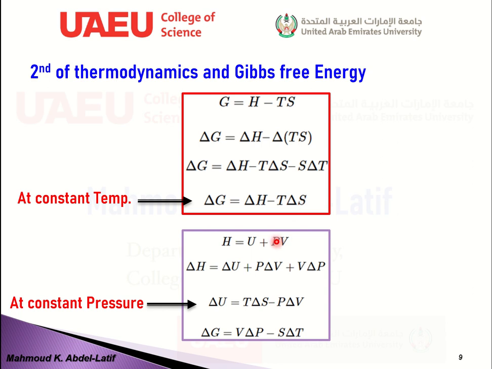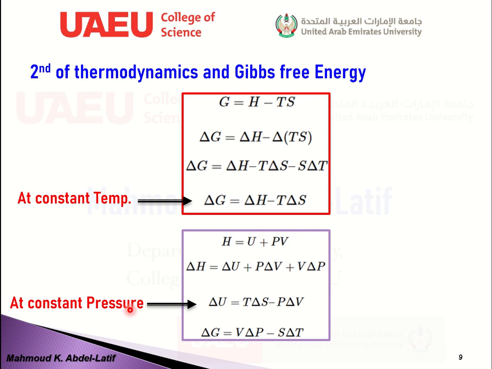So the enthalpy is given by this equation. The enthalpy, from the first law of thermodynamics, equals the internal energy plus PV. If you are going to talk about the change, delta H will be delta U plus delta of the multiplication of P and V, which can be replaced by these two terms.